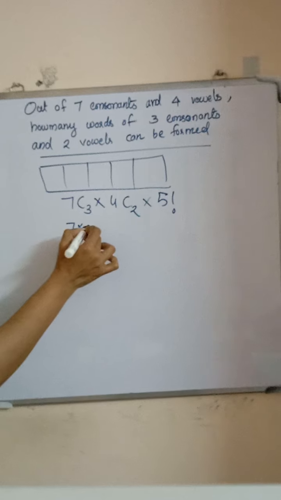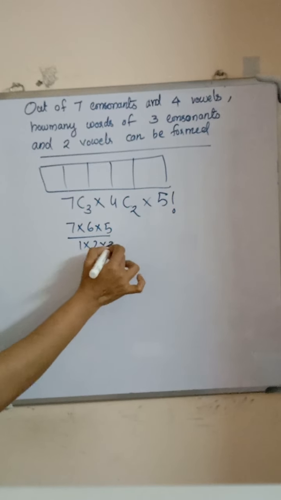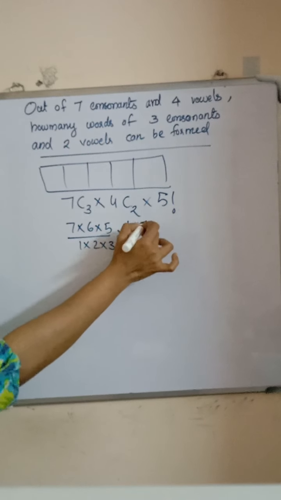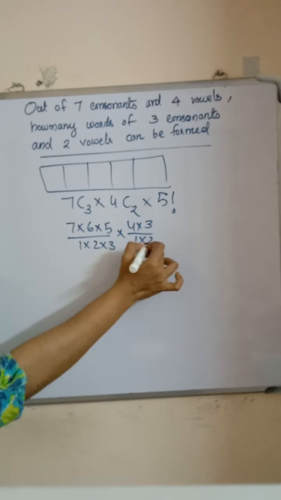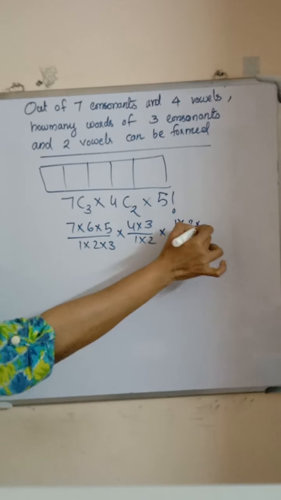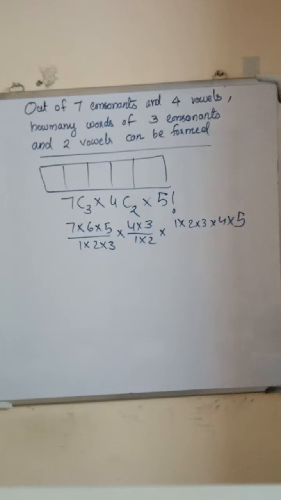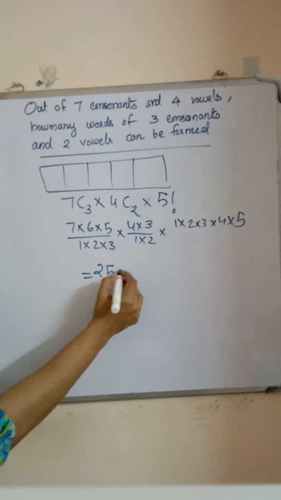That is 7 into 6 into 5 by 1 into 2 into 3, into 4 into 3 by 1 into 2, into 5 factorial, that is 1 into 2 into 3 into 4 into 5. After calculation we get 25,200.